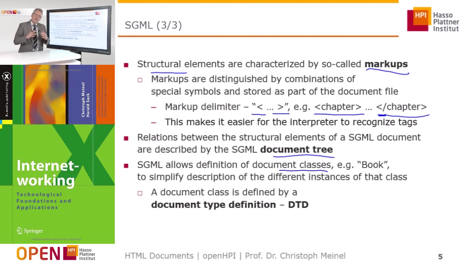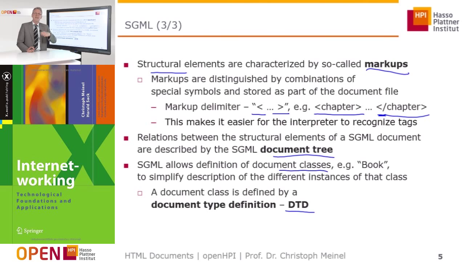And not to give it as a task to each designer of a book, SGML provides the possibility to define such a document class book. And then if an author starts to write a book, he can use this definition, the so-called document type definition, which characterizes the general structure of a book.